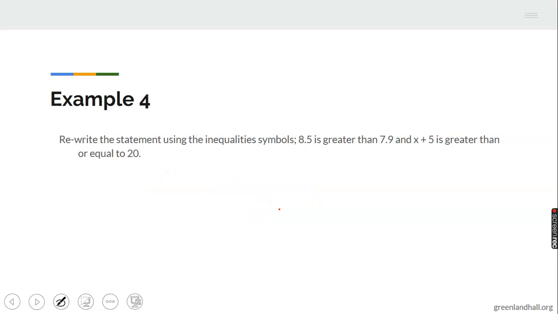Now, rewrite the statement using the inequality symbols. 8.5 is greater than 7.5. This one is very simple now. Let's start with the first one. 8.5 is greater than 7.9. This is the symbol for greater than. Then the next one, x plus 5 is greater than or equal to 20.